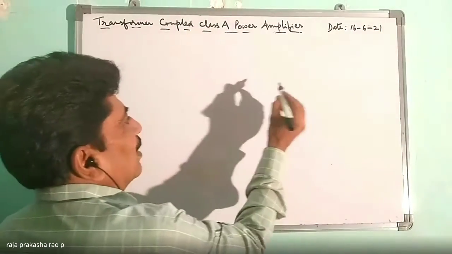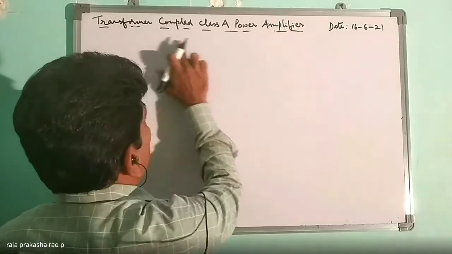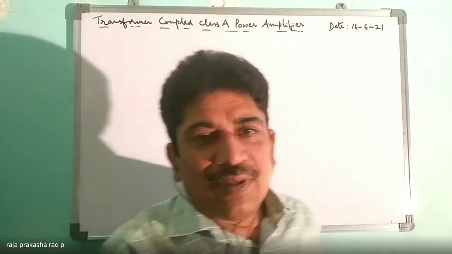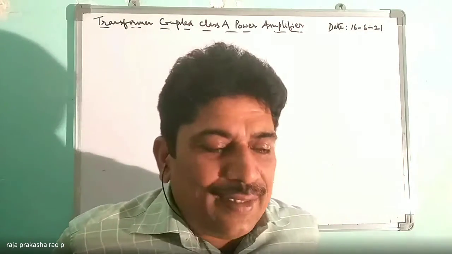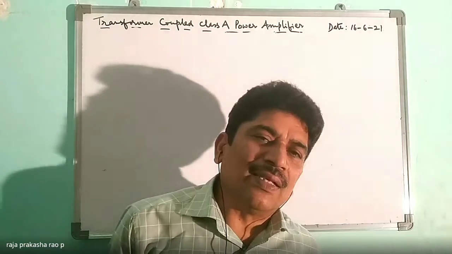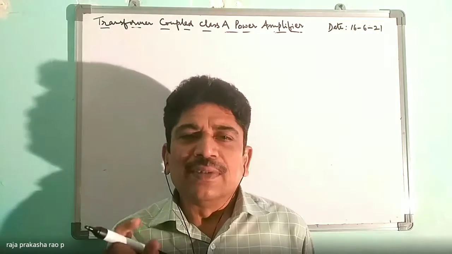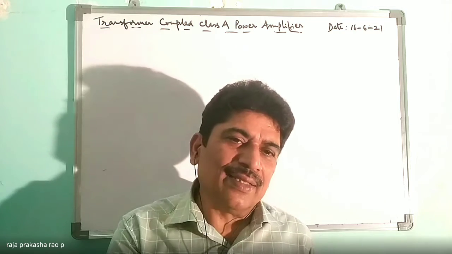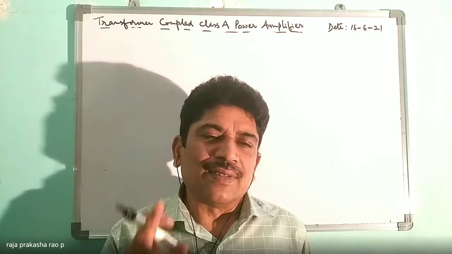I will draw the circuit now for transformer coupled class A power amplifier. In the previous case, we have connected a resistor in the collector circuit and called that directly coupled. That means we are connecting resistance directly in the collector circuit in the first case.